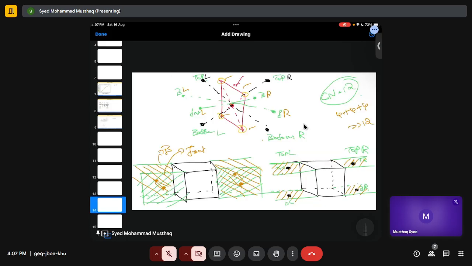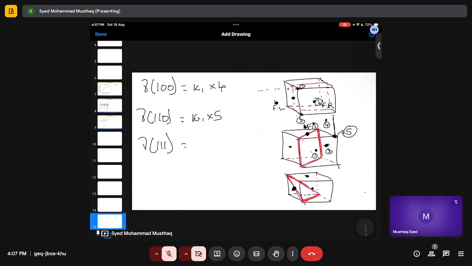The back atom is there. The top one is gone, the front one is gone. No, the bottom one is also there. So this is the corner one. So the front one, the top one, and the corner one: the number of bonds lost is K1 times 3.